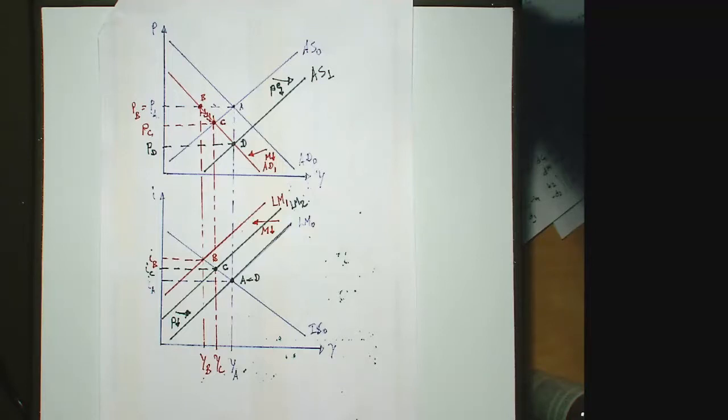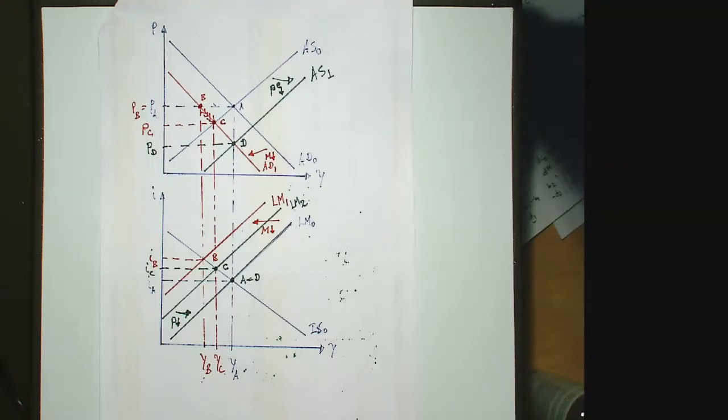So they adjusted their price expectations and increased their aggregate supply, which moved our aggregate supply curve from AS0 to AS1 due to the fact that price expectations were adjusted.